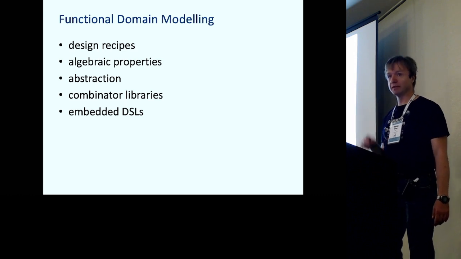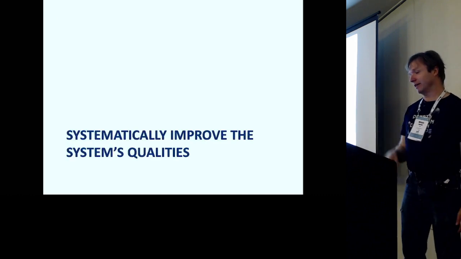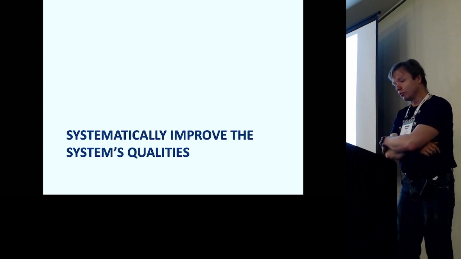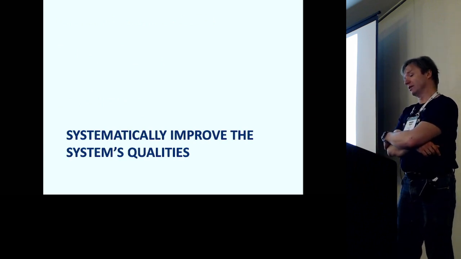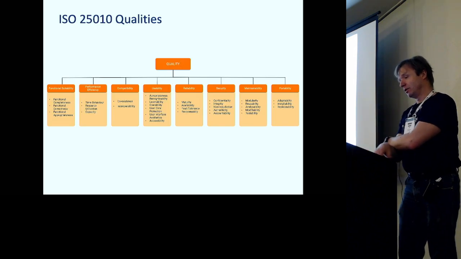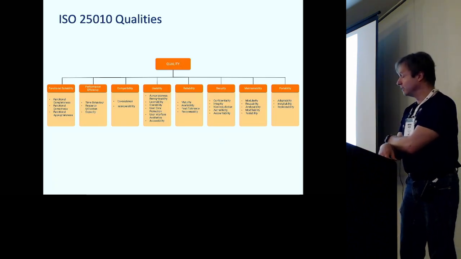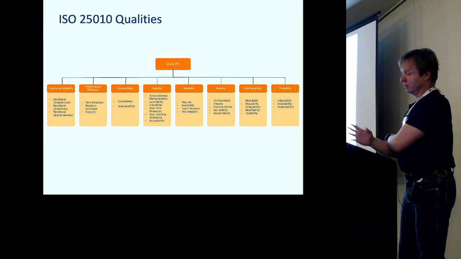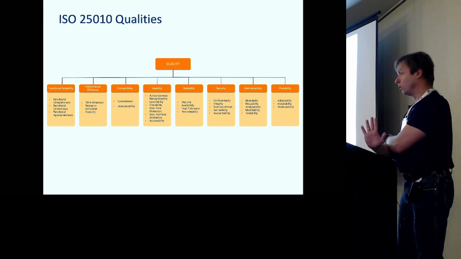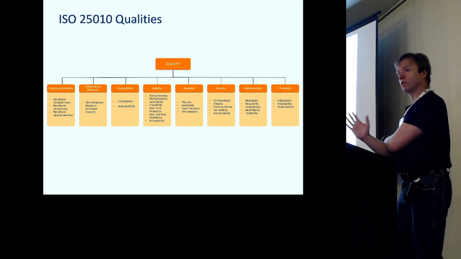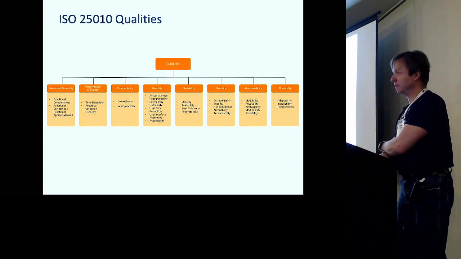So good morning. Next up, systematically improve the system's qualities. As a reminder, here's the list of qualities. And this word quality plays a prominent role in the way that architects talk about software, which to this day feels kind of alien to me.